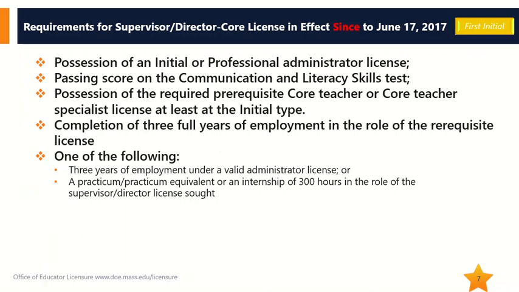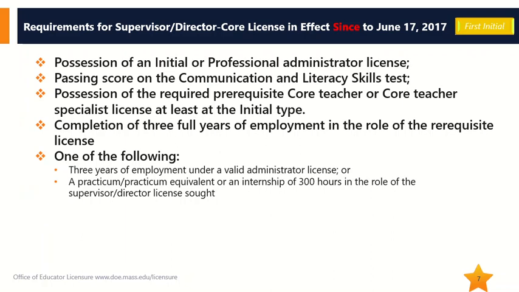Let's cover an overview of requirements in effect since June 27, 2017. They apply to anyone who applies on or after July 1st, 2019. They also apply to anyone who applies prior to July 1st, 2019, and does not satisfy all requirements on the previous slide prior to July 1st, 2019.